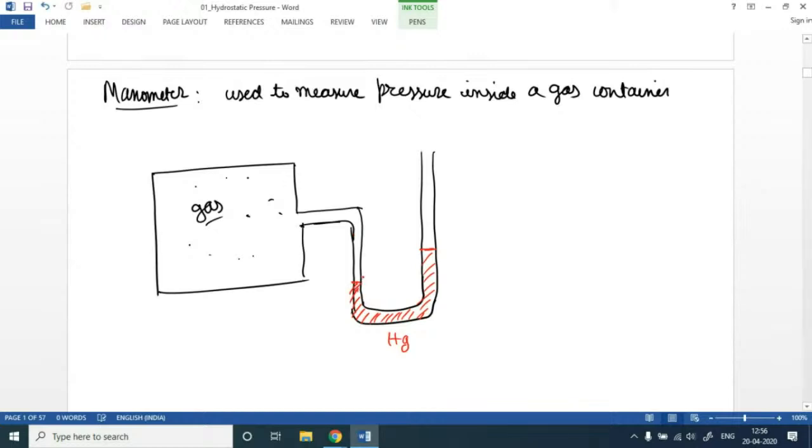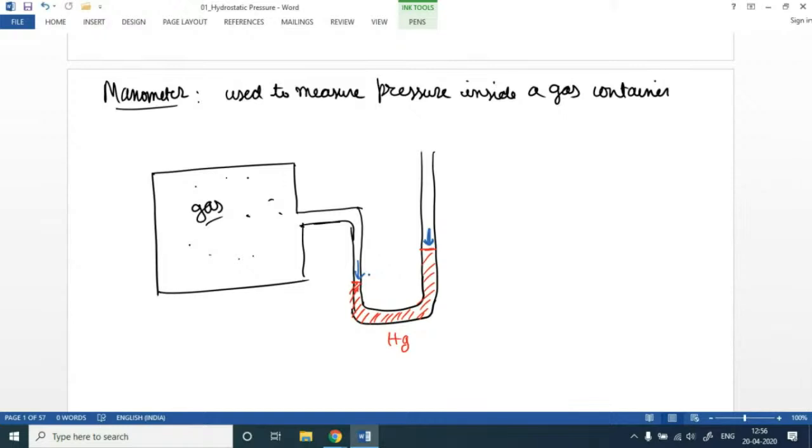But now the gas will be pushing from this side, whereas the atmospheric pressure will be from this side. Whichever pressure is more, if the gas pressure is greater than atmospheric pressure, it will push more, and then the length of mercury column in the left limb will be less, and in the right limb it would be more because of the pressure difference.